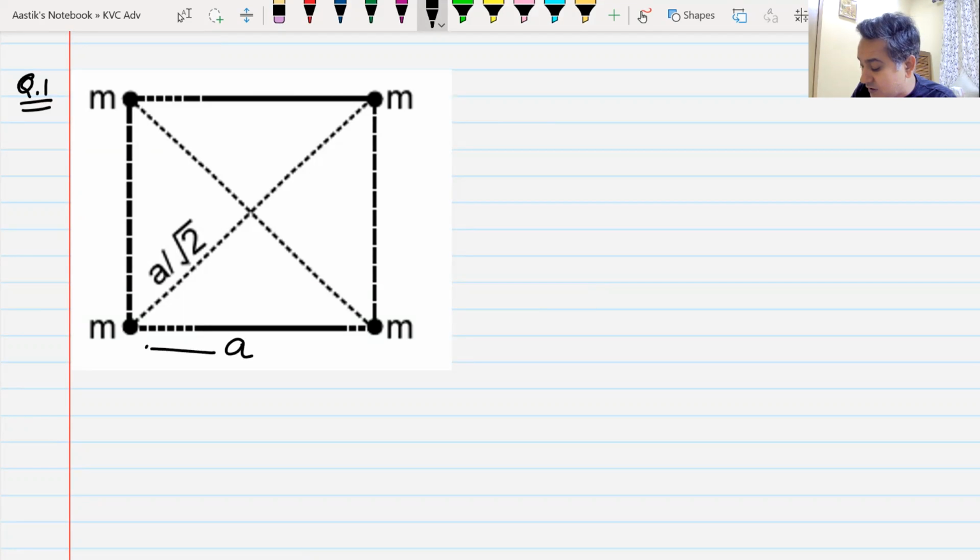The side of the square is given as A. So you have to find its moment of inertia about point O perpendicular to the plane of the paper. Do we understand this? Yes or no? I'll give you 2 minutes to do this.